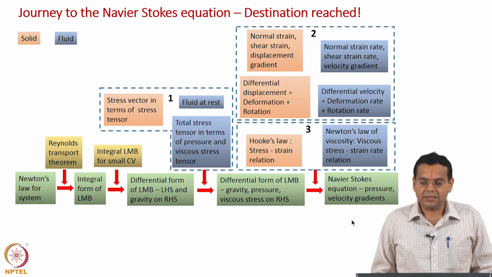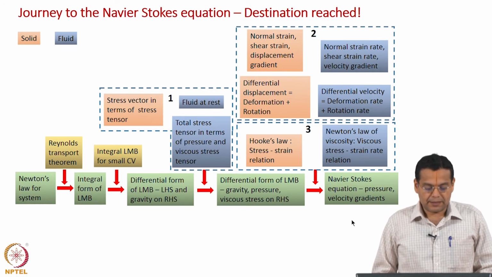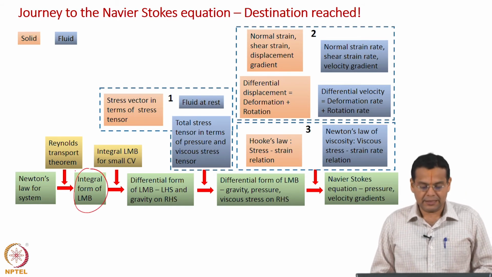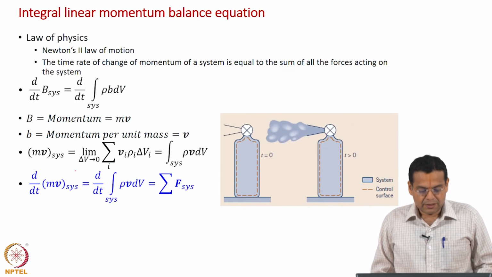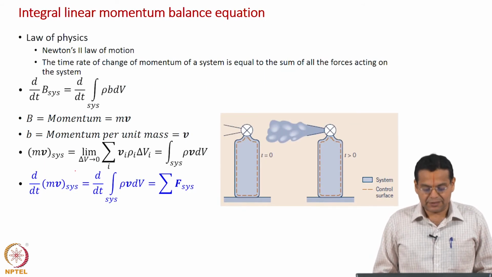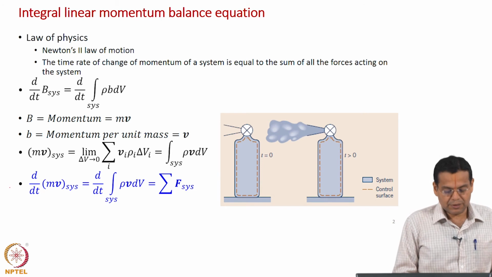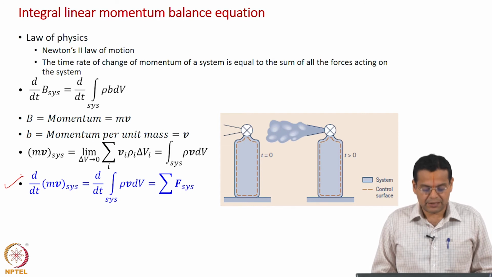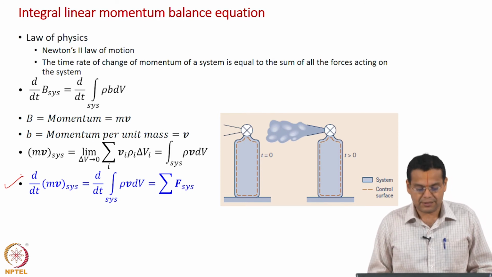We applied the Reynolds transport theorem, and then we got the integral form of linear momentum balance. And here are just a few summary slides from each. So, this equation represents Newton's second law of motion for a system: rate of change of momentum equals the sum of forces acting on the system.